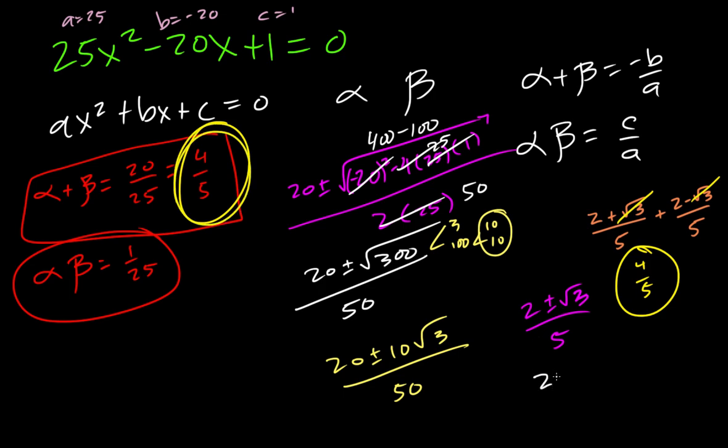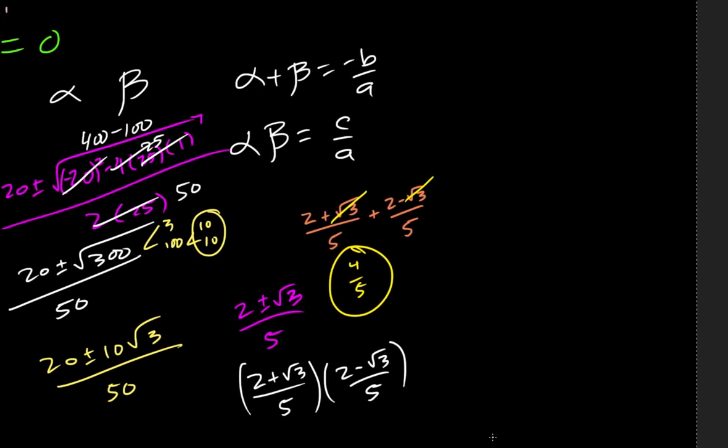Now if we multiply them, 2 plus root 3 over 5, 2 minus root 3 over 5. Multiplying the bottoms, we get 25. Multiplying the tops, we get 2 times 2 is 4. This times this is negative 2 root 3.